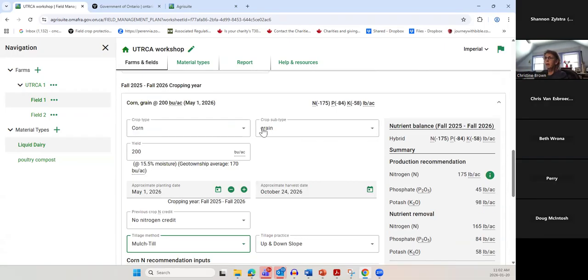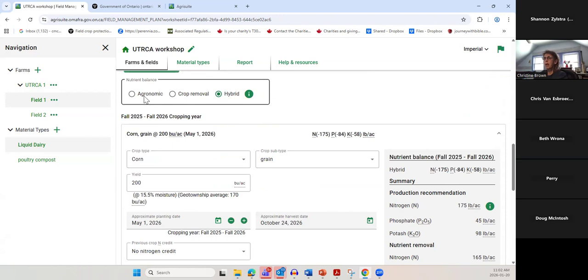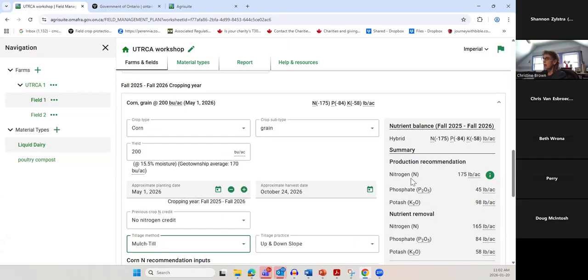It tells me agronomic crop removal, hybrid. In this case, I've done hybrid, but these crop production recommendations would be the agronomic recommendations based on my soil test numbers. My soil test was relatively low: 11 for phosphorus, 60 for potash. So it's going to say that I need quite a bit of phosphorus and potash.